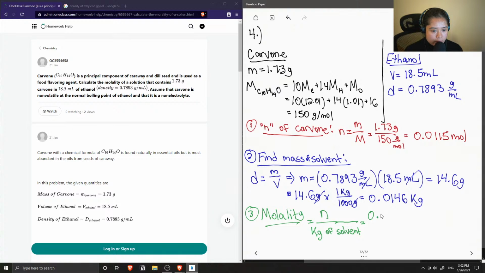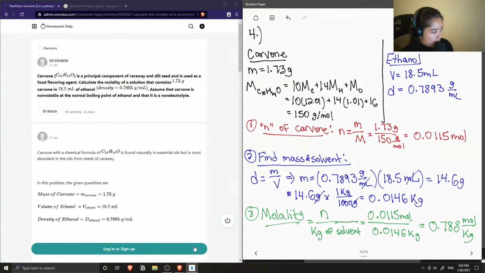Number of moles was 0.0115 for our solute, which was carvone, and the mass of the solvent is 0.0146 kilograms. So now our molality is 0.788 moles per kilogram.